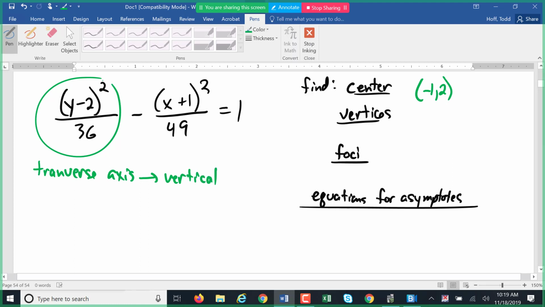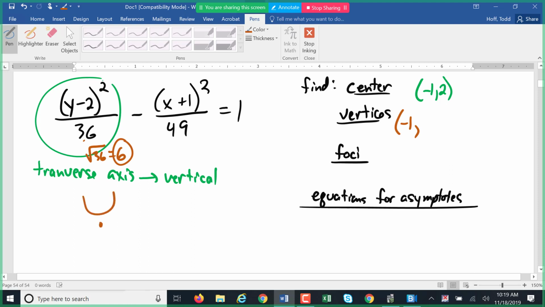So that means b here is going to define our vertices. The square root of 36 would be 6. So to find our vertices, we add that to the y-coordinate of the center and subtract it from the y-coordinate of the center. So the x-coordinate stays the same.